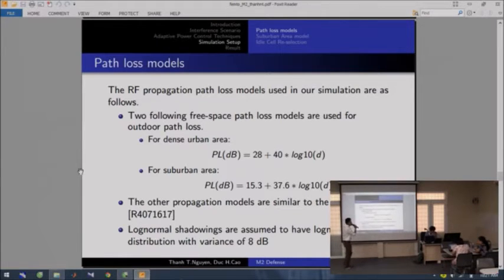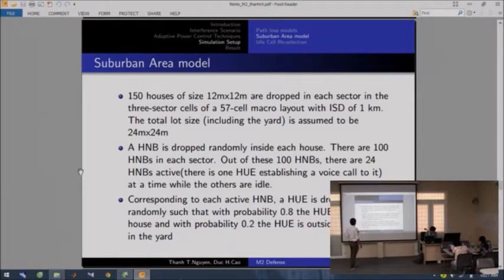I will write in detail in the report. And also, we have to generate the suburban outlines to simulate the effects of the algorithm integrated in the femtocell, how it can cause interference around.